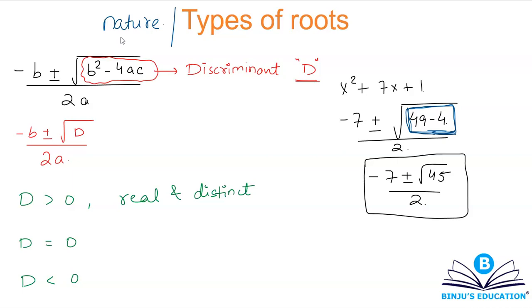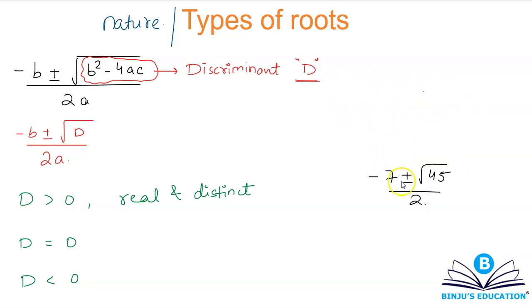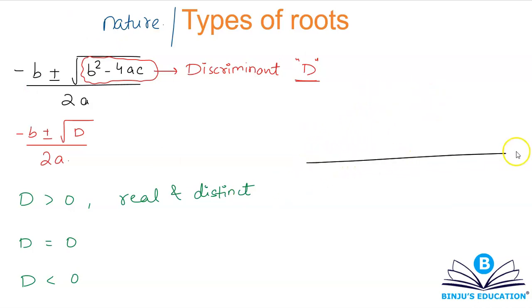A real number is any number that lies on a real number line, and distinct means 2 separate roots. That's why real and distinct roots. So if you specifically talk about a quadratic equation, and since the graph comes out to be a parabola, if you want to understand this with the help of a graph, so if you have real and distinct roots, I'm going to simply draw the x-axis because the y-axis has no concern as far as roots are concerned.